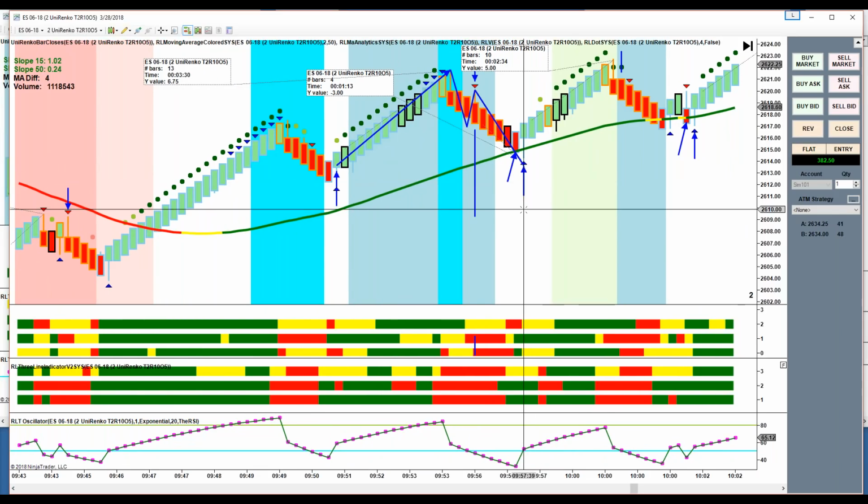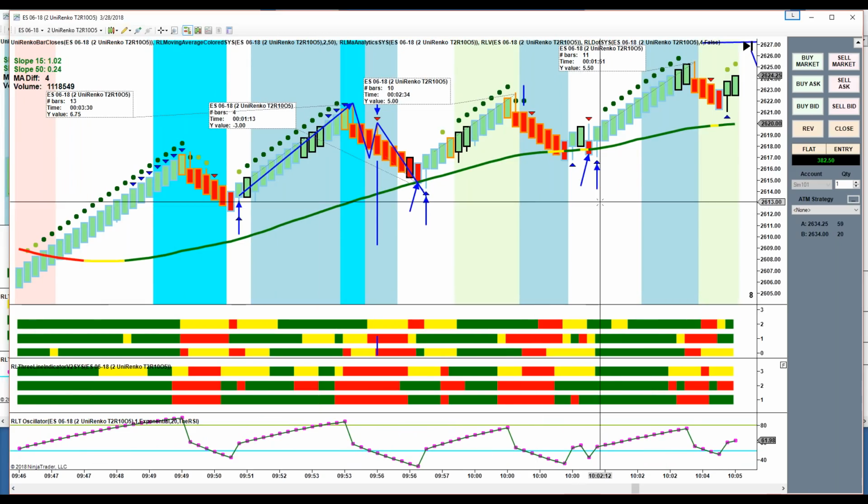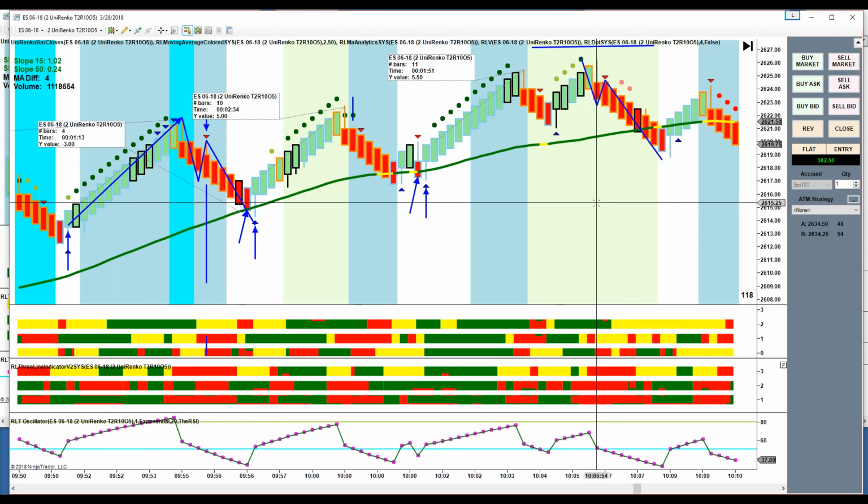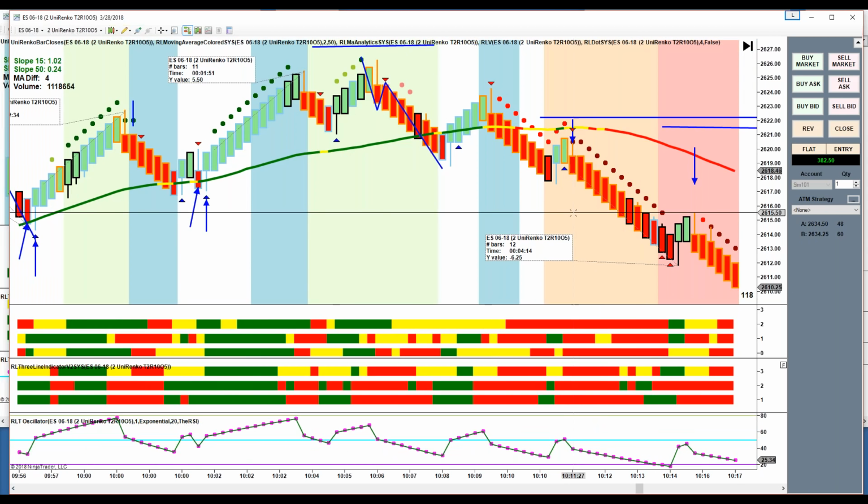There's your long trade. There's a great long trade at 10:02, which I took for 5.5 points. And there's your short trade, which I took for 6.25 points.